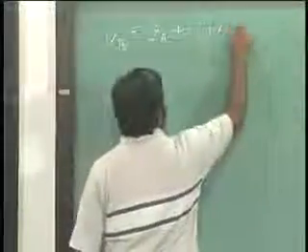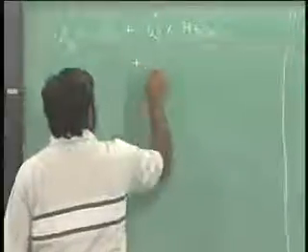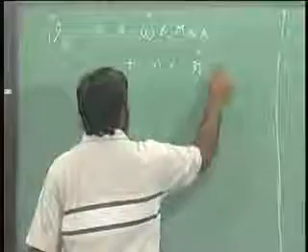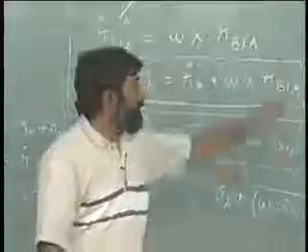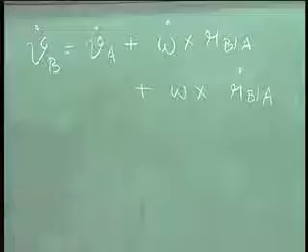Now, this implies V dot B equals V dot A plus, what should happen to this? I will have omega dot cross R B with respect to A plus omega cross r dot B with respect to A. Looks okay? Okay.